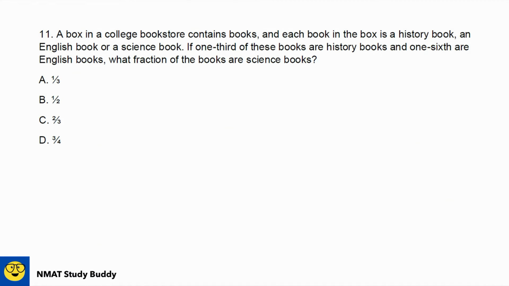Number 11, a box in a college bookstore contains books, and each book in the box is a history book, an English book or a science book. So, merong history, English, and science books. If 1/3 of these books are history books, 1/6 are English books, and the rest are science books, what fraction of the books are science books?